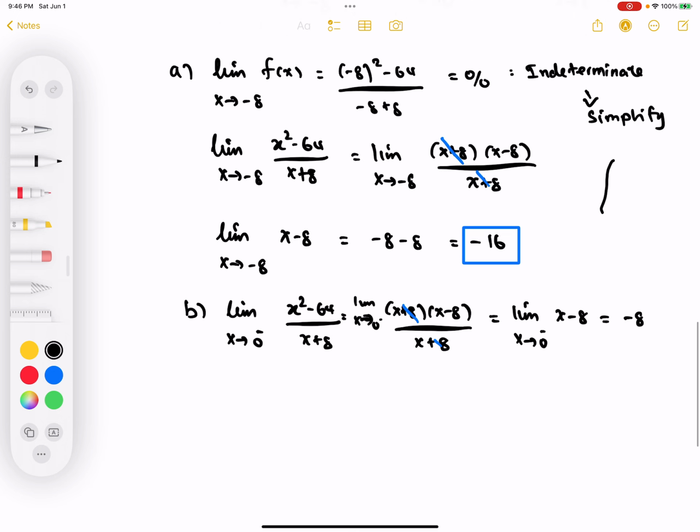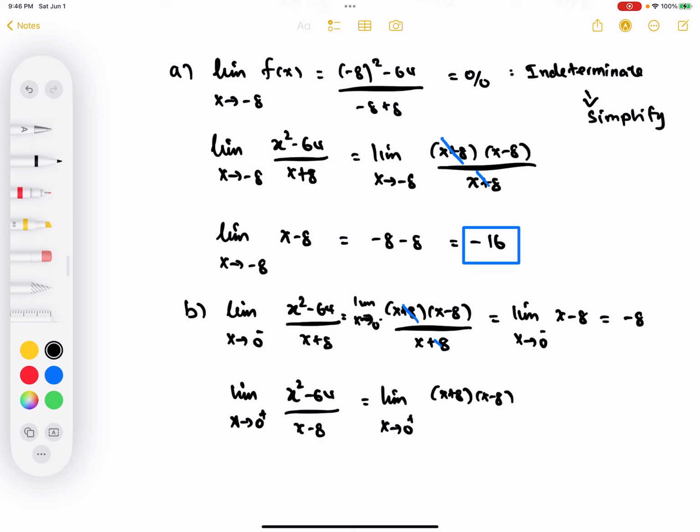All right, the right side. The limit as x approaches 0 from the right side, you have to consider the second piece, which is x squared minus 64 over x minus 8. This is the limit as x approaches 0 from the right side of x plus 8 times x minus 8 over x minus 8.